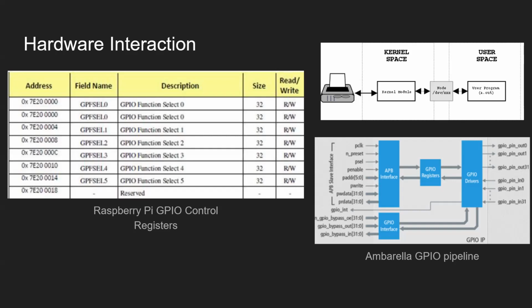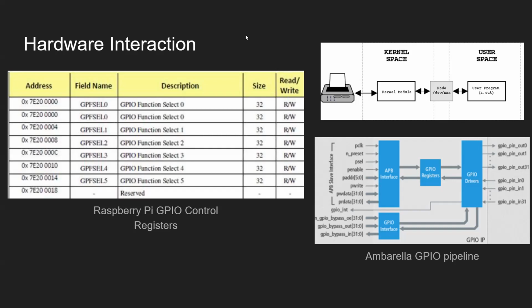And after that register is set in memory, the GPIO hardware reads from those registers. Bits are technically physical voltage levels in the computer, so there's associated hardware that reads that voltage level as a gate and outputs that voltage. But from your perspective as a programmer, all you did was change a memory location, and that flipped the GPIO pin on or off. This is one example of hardware stuff.